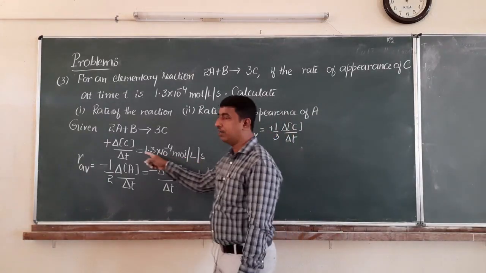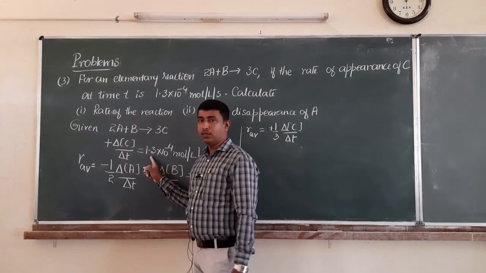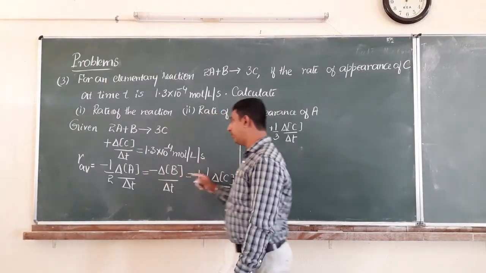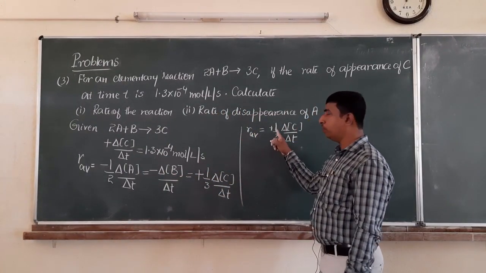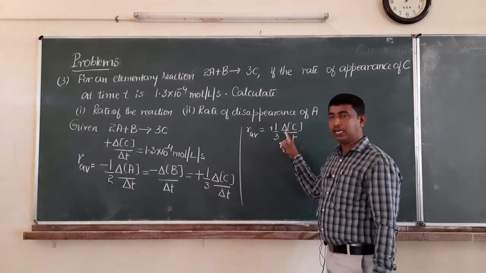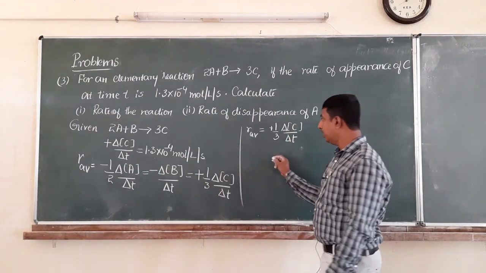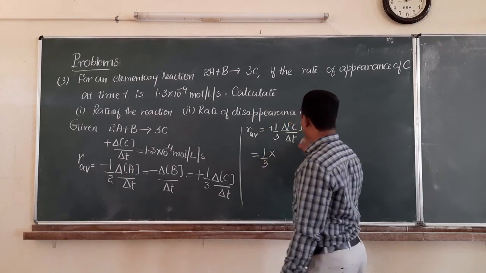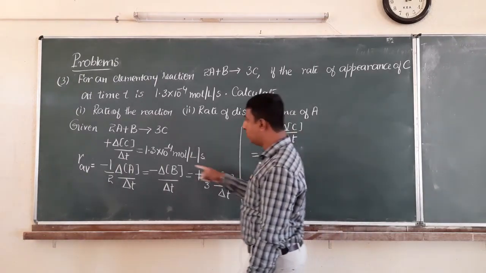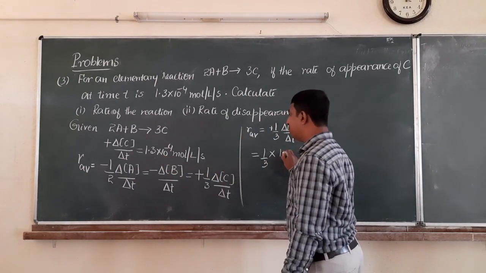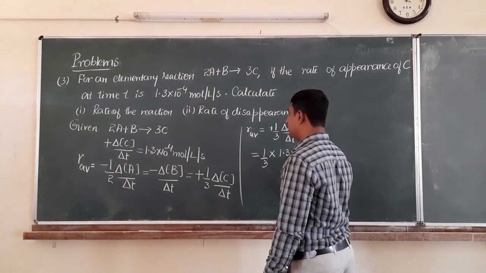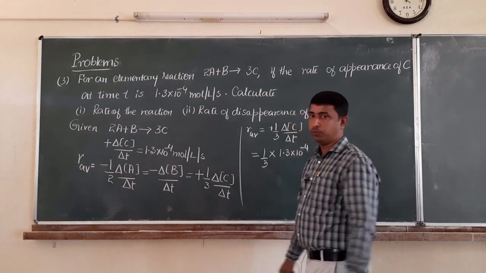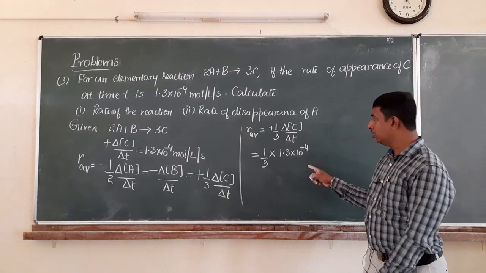Because the formation of C is given. It is 1.3 into 10 to the power minus 4. So average rate is equal to plus 1 by 3 delta concentration of C by delta T, equal to 1 by 3 into 1.3 into 10 to the power minus 4.